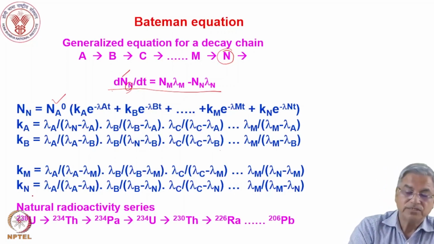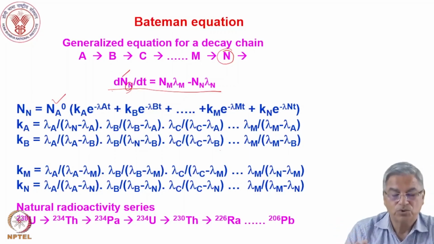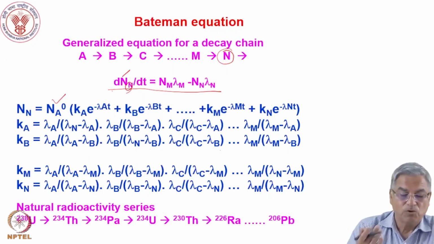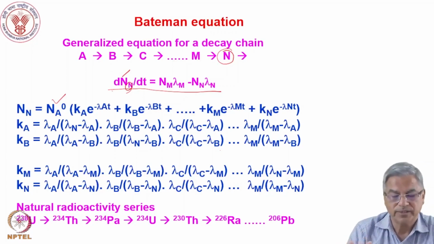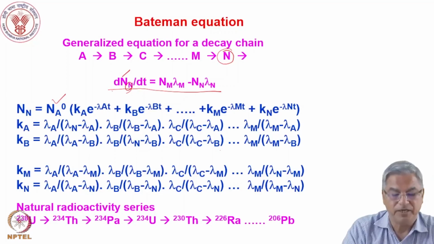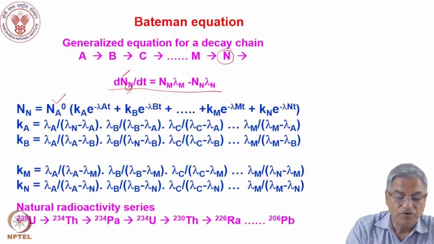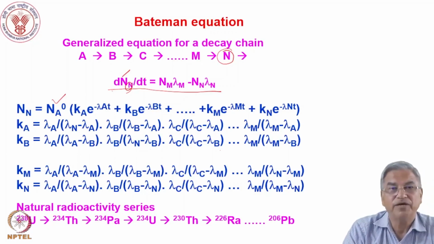So you can set up the generalized equation; in fact, you can make a computer program to calculate the number of atoms of any daughter product at any point of time using this generalized Bateman equation. This becomes very useful when you have to calculate the activity of a daughter product.